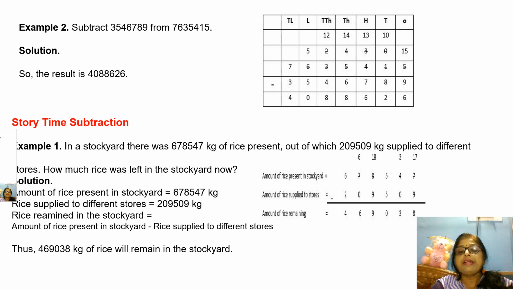It is written here and you subtract it. Now your final answer is 4,69,038 kg of rice will remain in the stockyard. This is all about your problem sums and the subtraction.